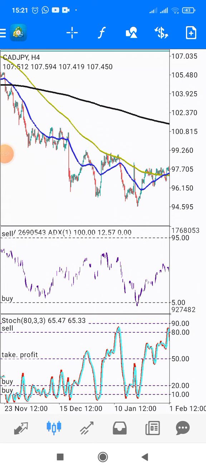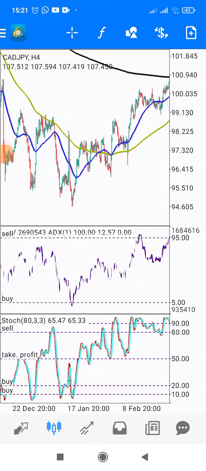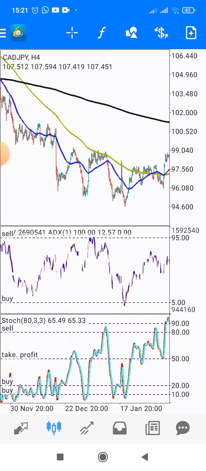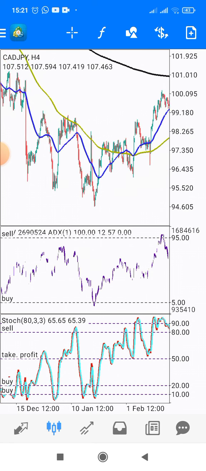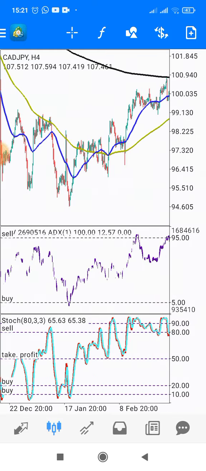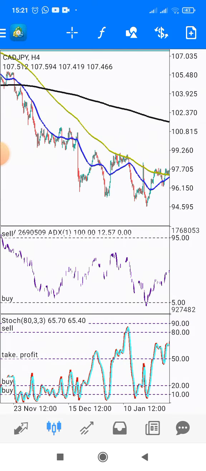So to confirm, we move it back and forth to see if the lowest point of 5 is still maintained in ADX or window 1. You see, it is still maintained. So that one tells us that that is the lowest point of the market. So when the market reaches the lowest point, then we know for sure direction has to change.